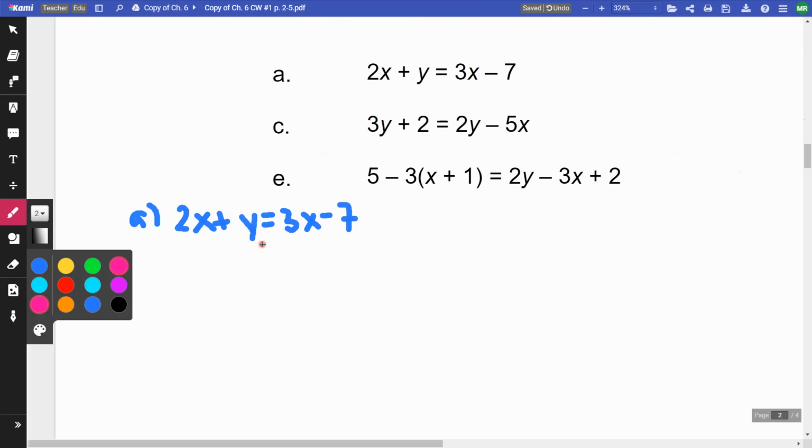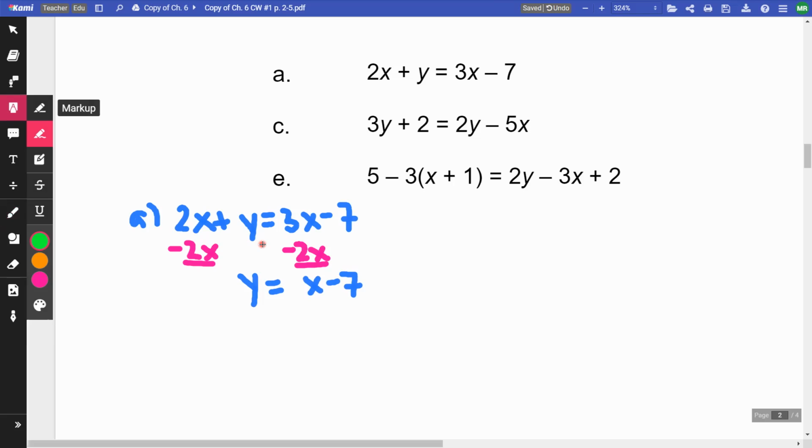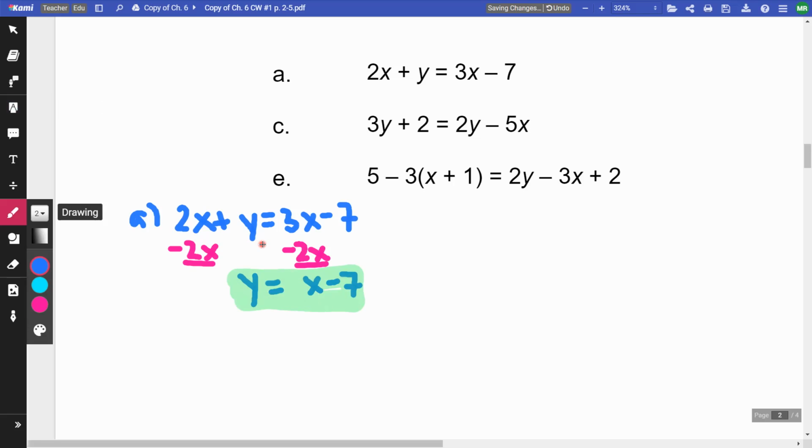So I'm going to minus 2x here and minus 2x here, and I get y is equal to x minus 7. That is my equation. And then they want us to identify the slope, which is 1 because of the x, and the y-intercept, which is -7.